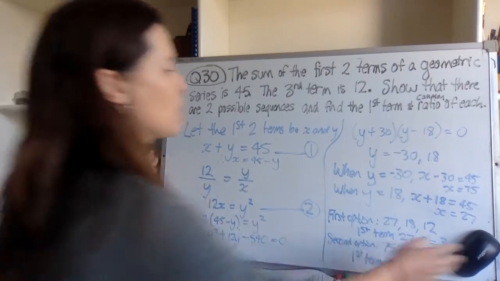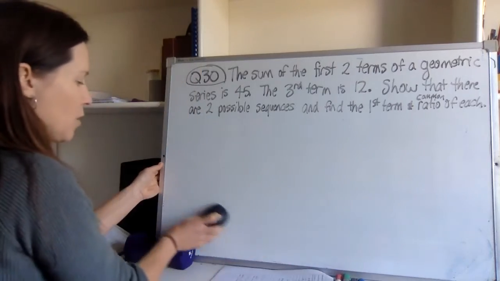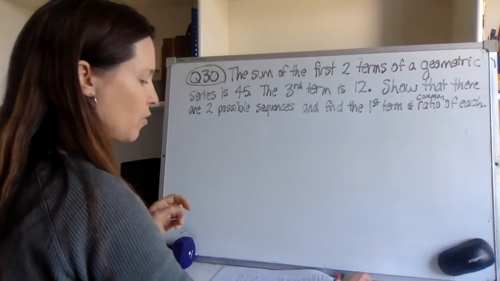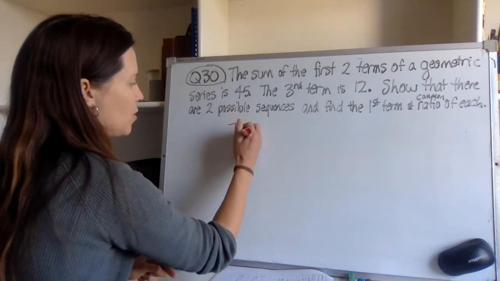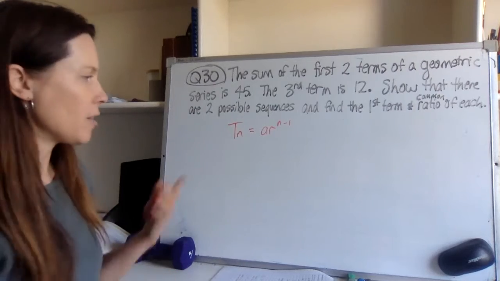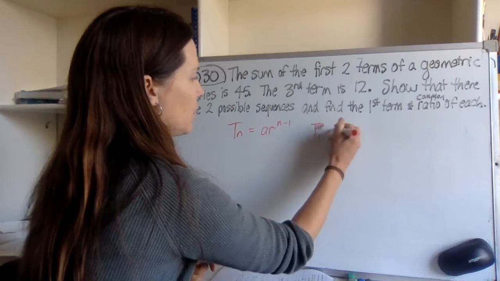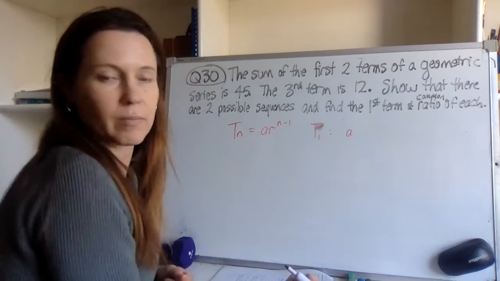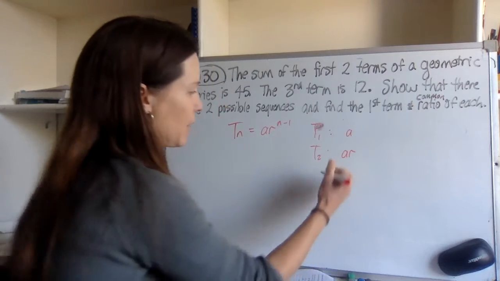Now, another way that you could think of doing this, instead of using x and y to be the first two terms, is you could actually just use the formula for the nth term of a geometric series, which we know is this. And you could think through, all right, the first term is just a. The second term is a multiplied by that common ratio.